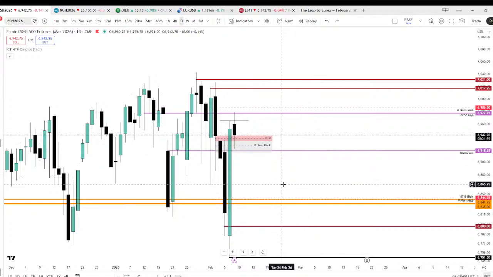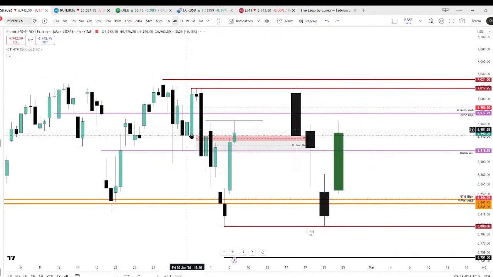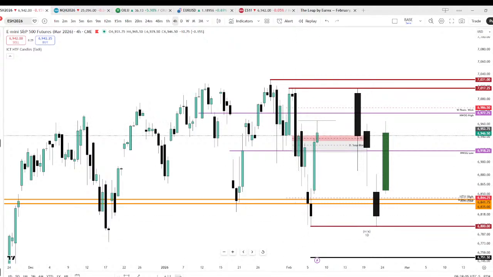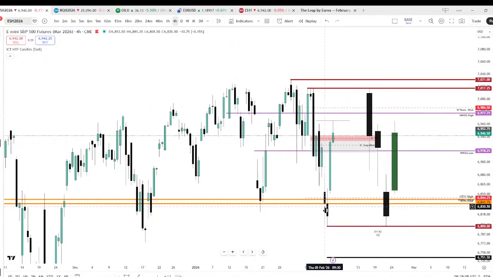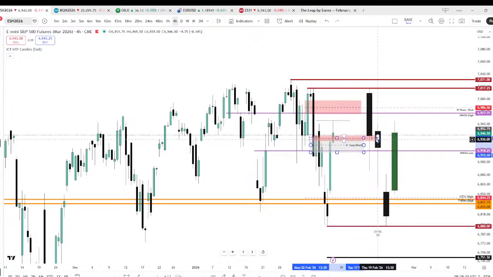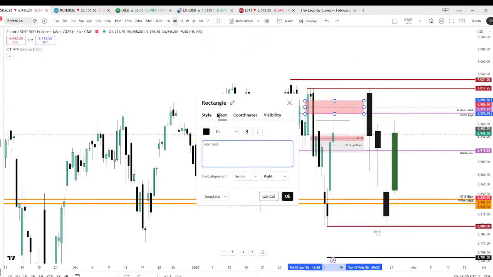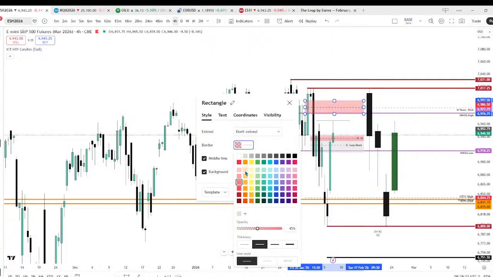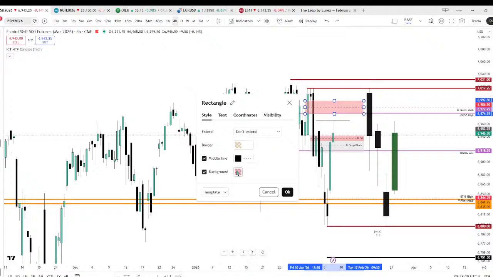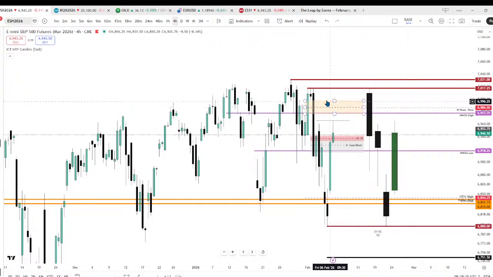So right now we're going to be looking lower because we already took out that 3-day high. I also want this to be marked out. So that's a premium wick area.